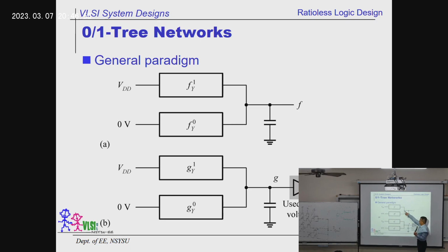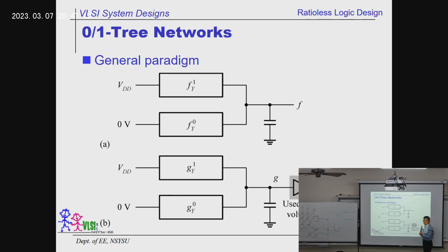And the output is sitting in the middle of these 2 networks, and this stands for the low. And if you use NMOS as a switch in these 2 blocks, then you've got to use what?